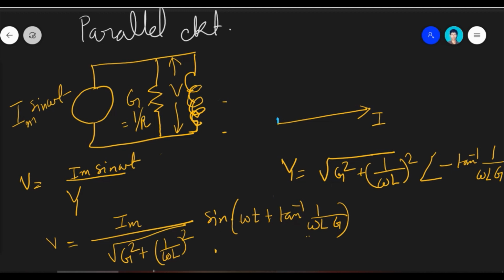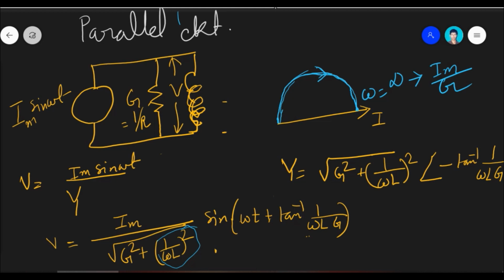For omega is equal to infinity, this will become 0 and this will give you Im by G, that is the maximum value of voltage you can get, and the voltage locus will be like this.